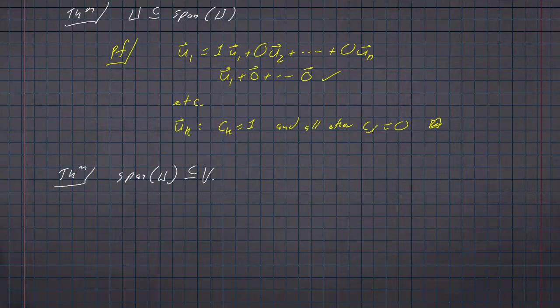Next up, the span of U is a subset of V. And once again, the proof isn't that difficult, but it is something that needs to be established because it's not necessarily obvious at first glance.